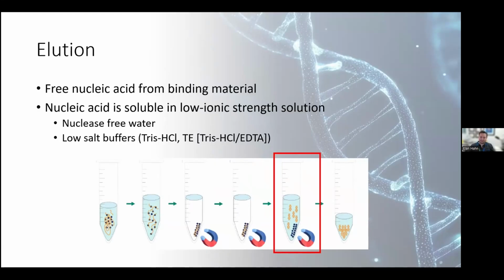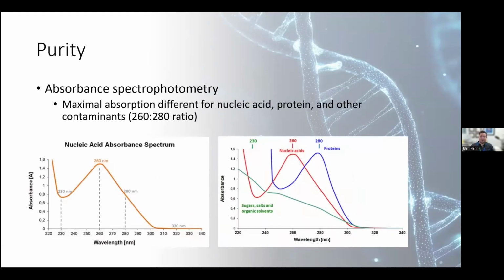So now that we have our extracted nucleic acid and it's purified, we want to look into this purity. One way to look into this purity is by absorbance spectrophotometry. There are absorbance differences between nucleic acids and proteins, and we leverage that to look at the ratio between wavelengths of absorbance. We look at the wavelength for nucleic acid, which is 260, relative to the wavelength for proteins, which is 280.